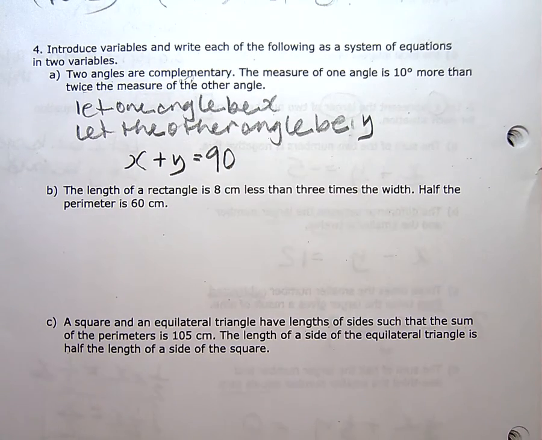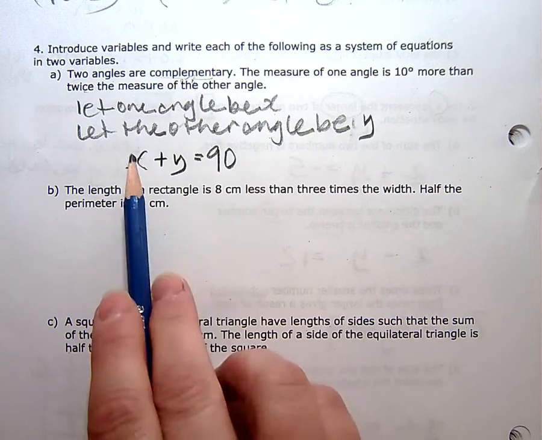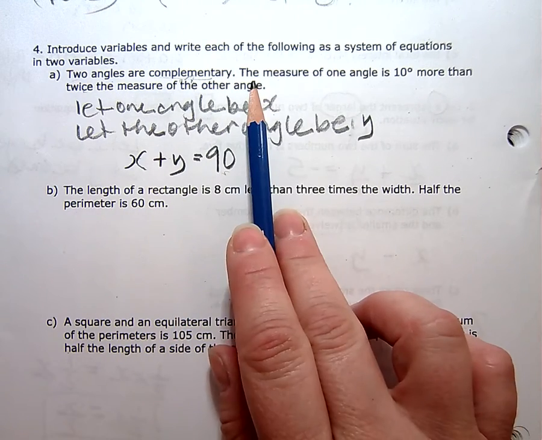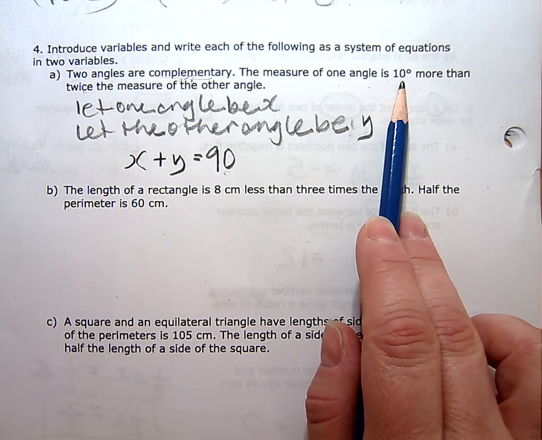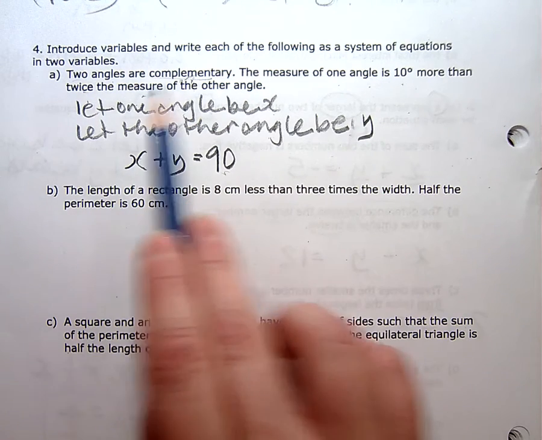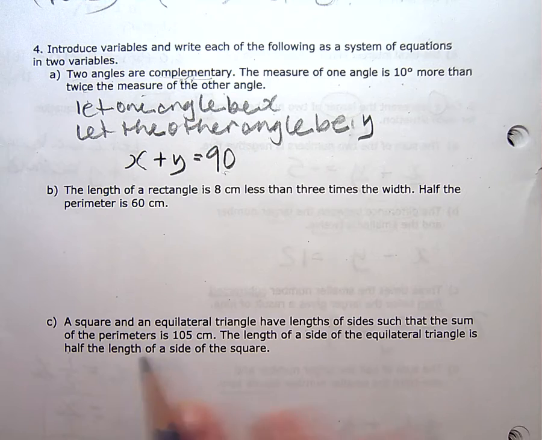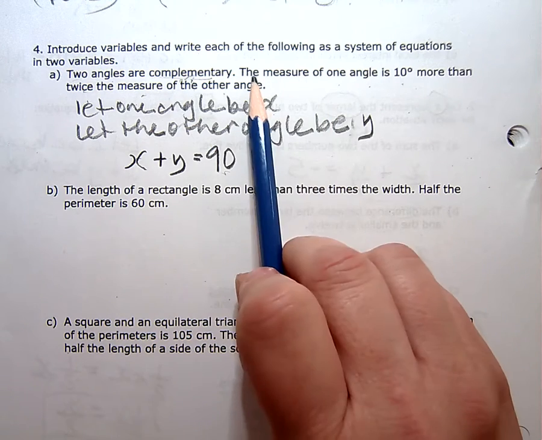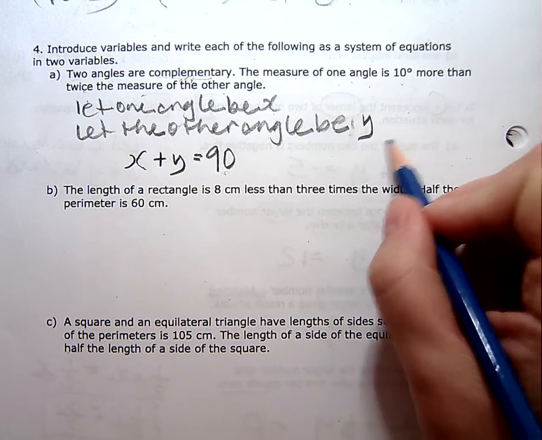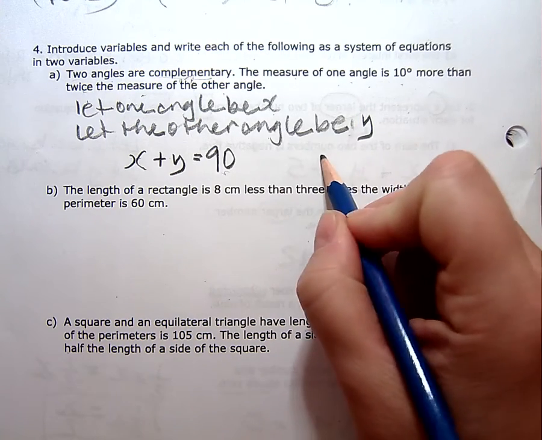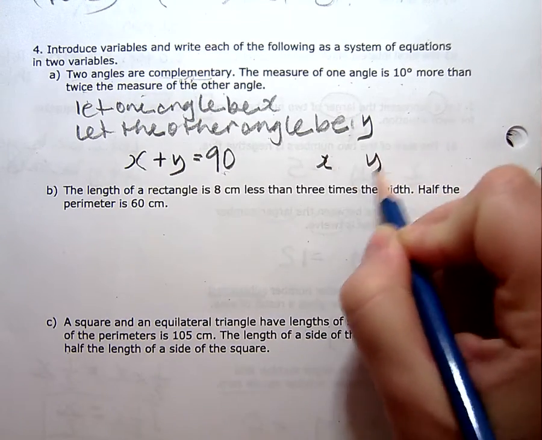Now I'm going to have another sentence. For each sentence we have a different equation. This sentence is: the measure of one angle is 10 degrees more than twice the measure of the other angle. Let's really dissect this and chunk this down because this is a big mouthful. So the measure of one angle, x here, and y, I'm going to put it like this.